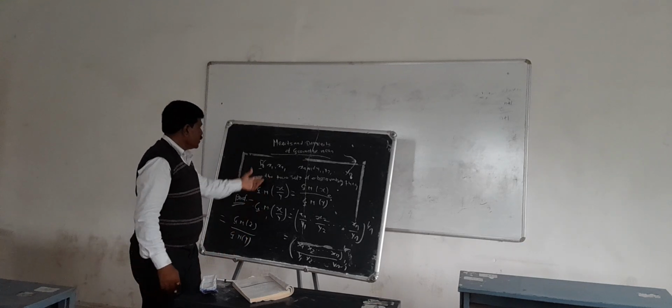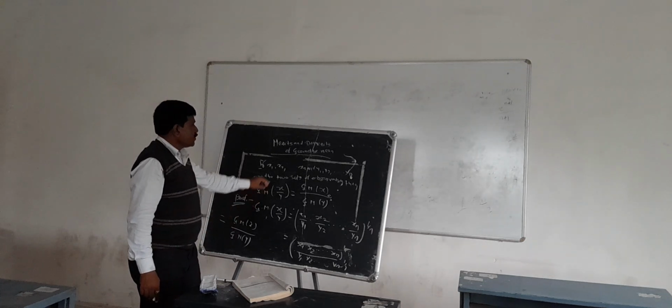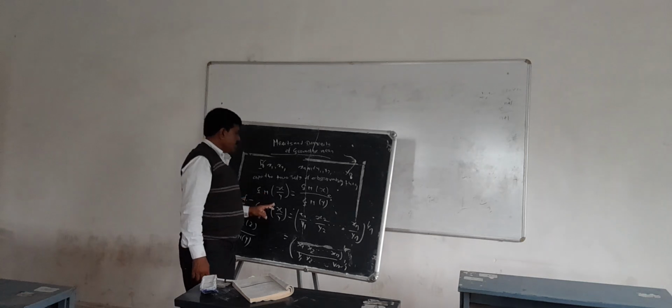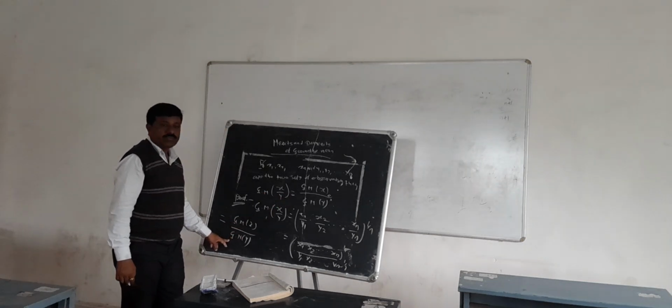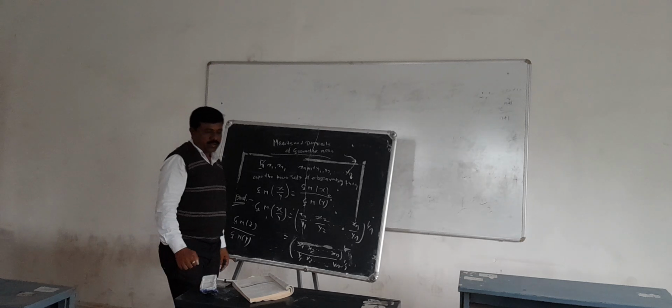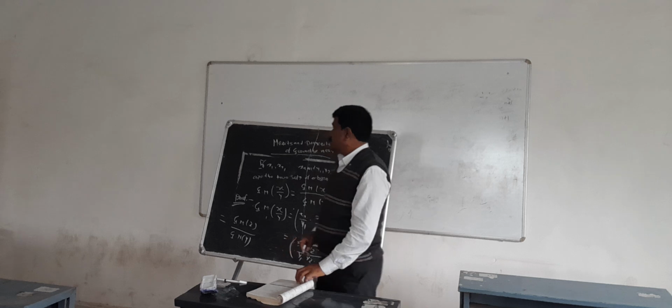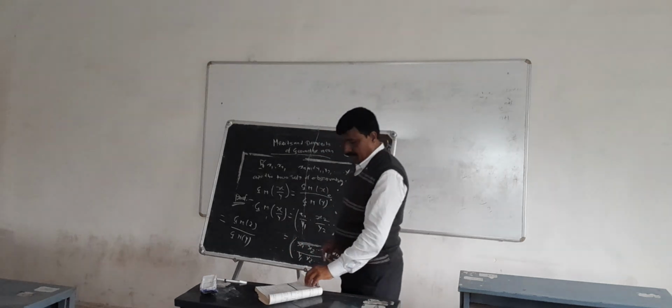We have proved the property of two sets of observations, that is, geometric mean of x divided by y equals geometric mean of x divided by geometric mean of y.